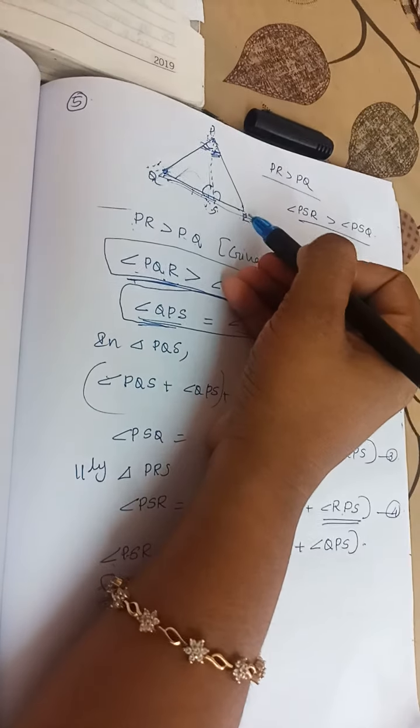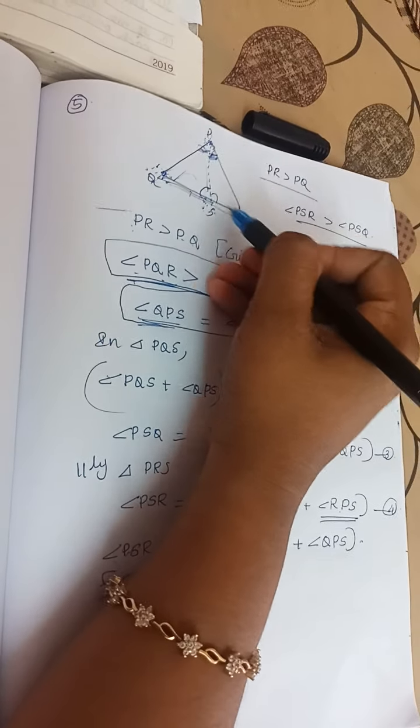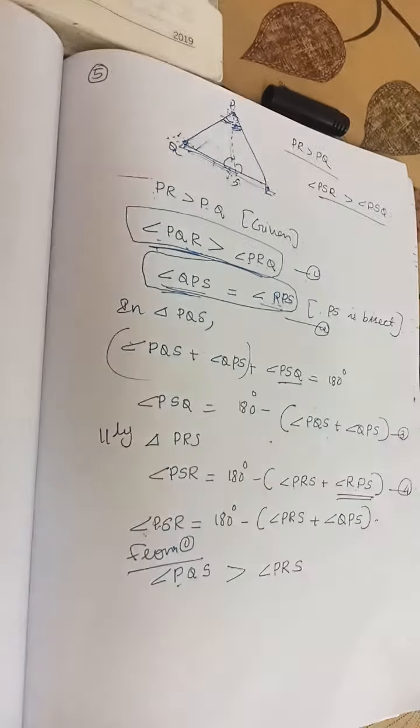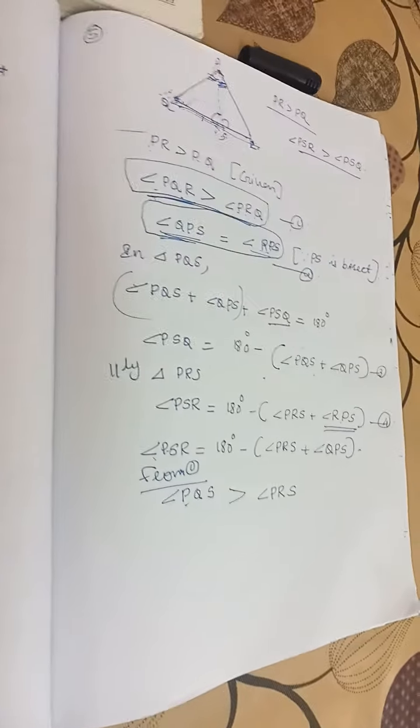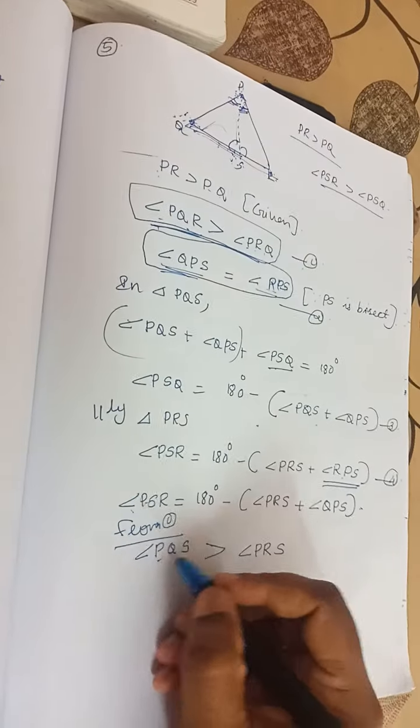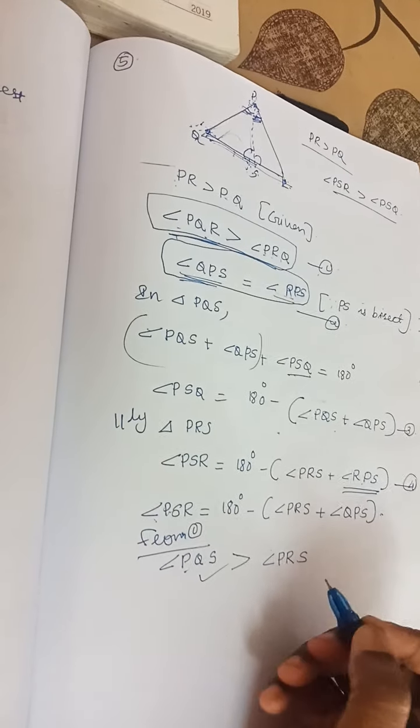Instead of PRQ we can write PRS, right? So we got angle PQS is greater than angle PRS. Comparing these two angles, PQS is the greater one, correct?